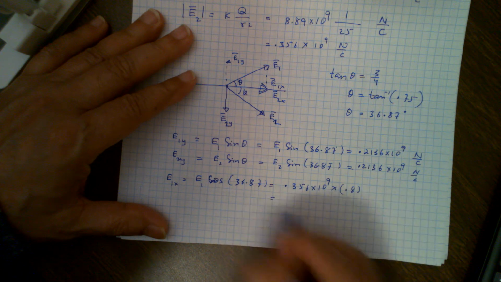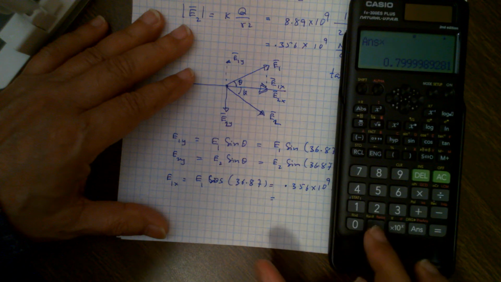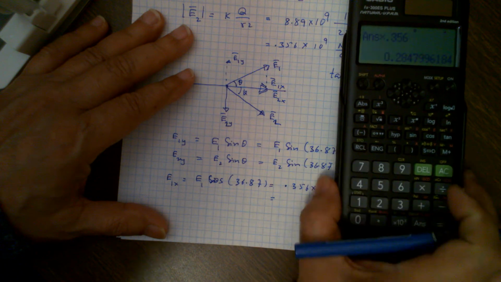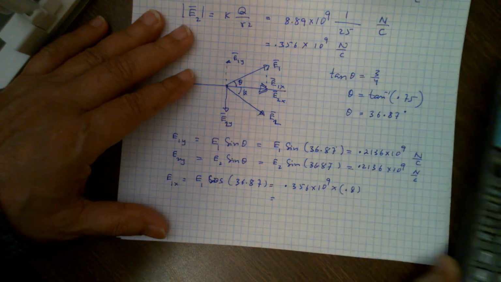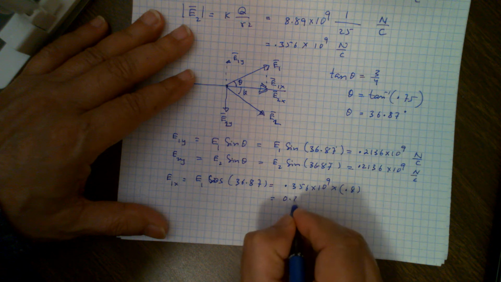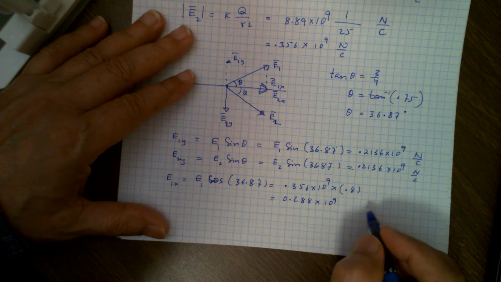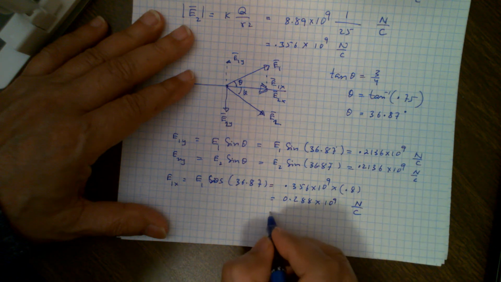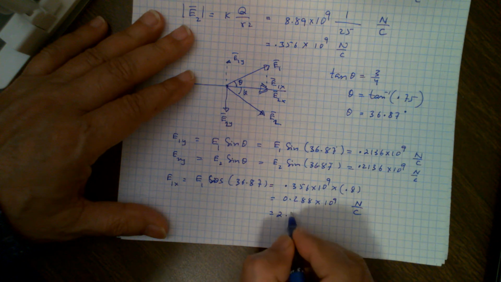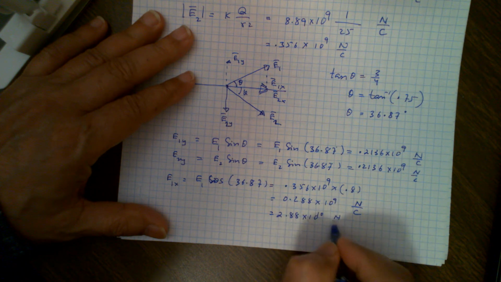That'll give you 0.8 times 0.356, which gives 0.288 times 10 to the power 9 newtons per coulomb, or you can write it as 2.88 times 10 to the power 10 newtons per coulomb.